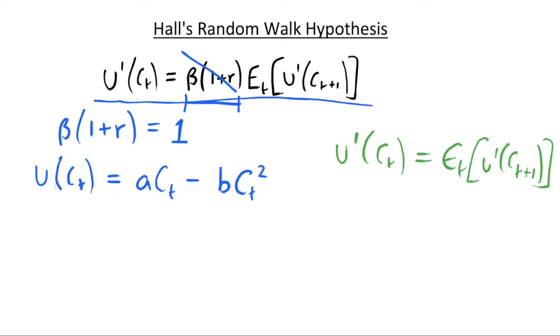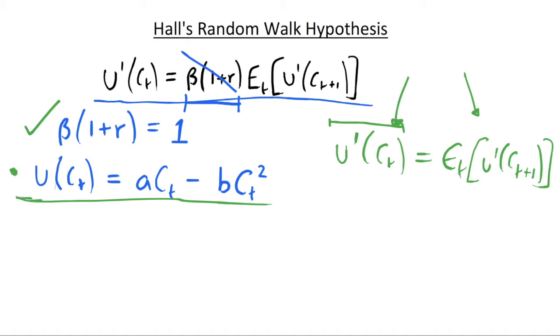So now we've used our first simplifying assumption, but the second simplifying assumption is about our utility function, and we no longer need to use just the general form. We can actually utilize this quadratic representation. Let's first find the left-hand side.